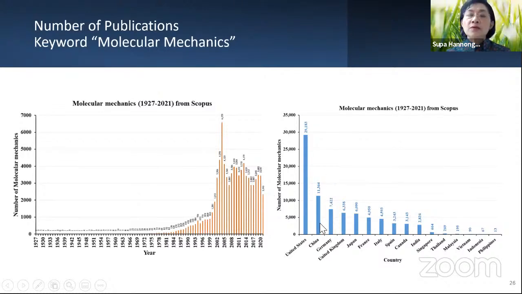And also the countries that produce a lot of publications on molecular mechanics: we have the United States, China, Germany, UK, Japan, France, and also in Asia, Singapore, quite nice, Thailand, Malaysia, also Indonesia, Philippines. I think we can do more and more.